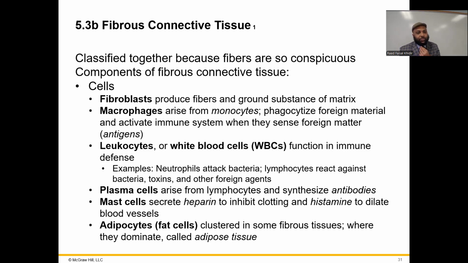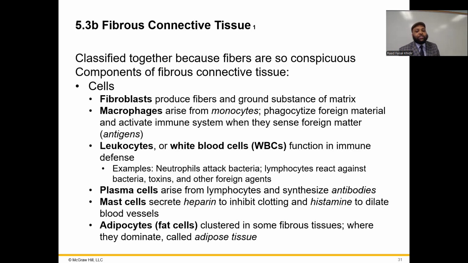Fibrous connective tissue is classified together because fibers are so conspicuous. They are conspicuous components of the fibrous connective tissue. So the cells are fibroblasts that produce fibers and ground substance of the matrix.